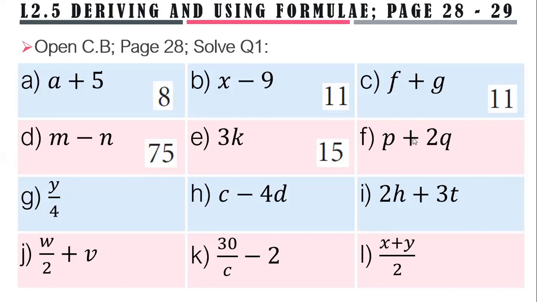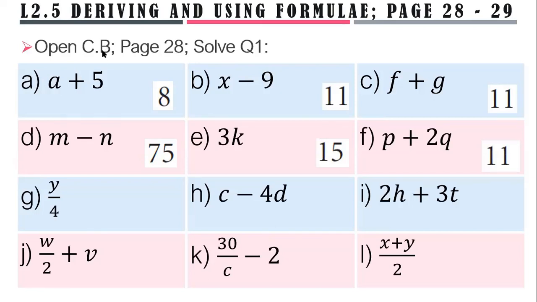What will you do first? I will do the multiplication first. Excellent. So 2 times 3 is what? 6. 6 plus 5? 11. Thank you very much. Next one.